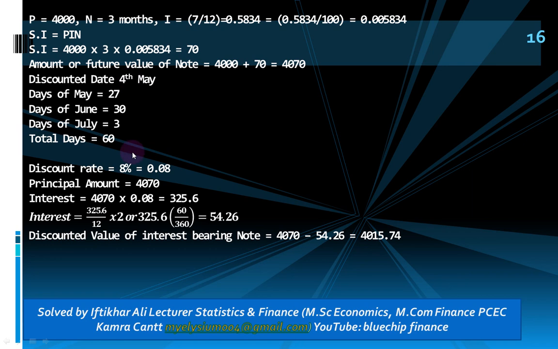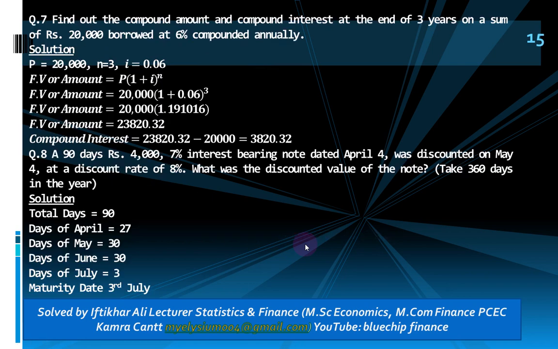Then in 2 months there are 60 days. Discount rate is 8% or 0.08. Principal amount is 4070, and simply we just take the interest at 0.08 for 4070 is 325.6. So interest is 54.26. Discounted value of interest bearing note will be equals to 4070 minus 54.26 equals to 4015.74.